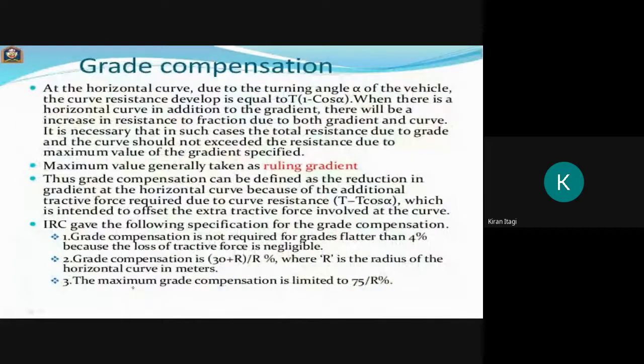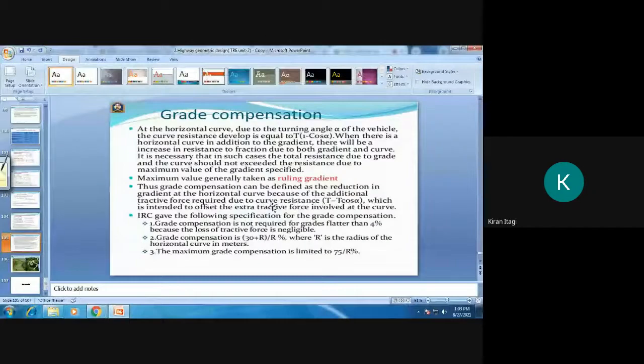Still I need 3 classes to complete this unit, because there are n number of numericals to be solved on different concepts. One class will be for stopping sight distance and overtaking sight distance, another class will be for designing of the super elevations and radius of the curve, and another will be on the transition curves. So don't skip the next classes, attend them.